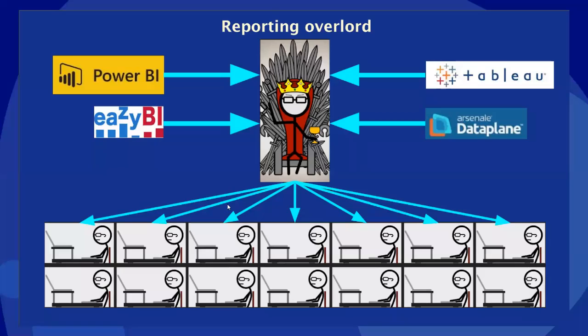Okay, we'll start with reporting with the Overlord. This is a general setup that we consistently see with most organizations. You have a reporting overlord that sits above the end users. They have access to and can use great powerful tools such as Easy BI, Power BI, Tableau, Dataplane. That creates a knowledge bottleneck and a time bottleneck.